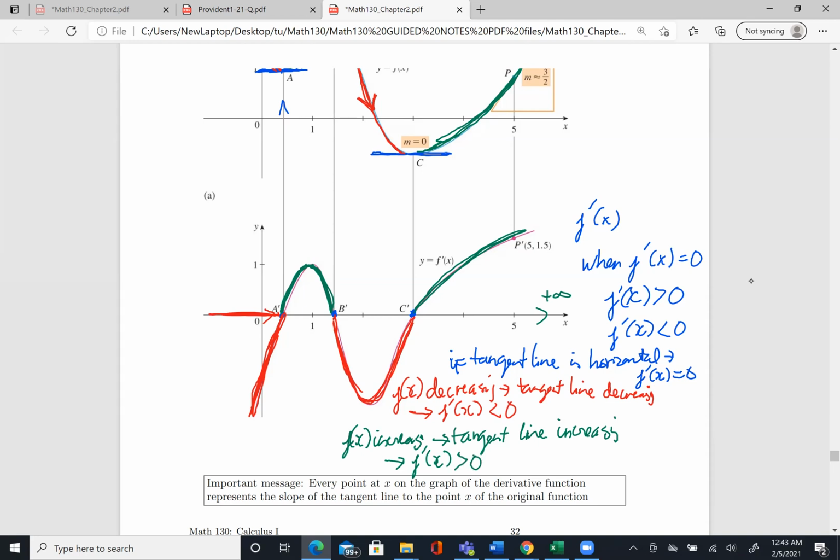Okay. So, important message: every point at x on the graph of the derivative function represents the slope of the tangent line at the point x of the original function. Okay.